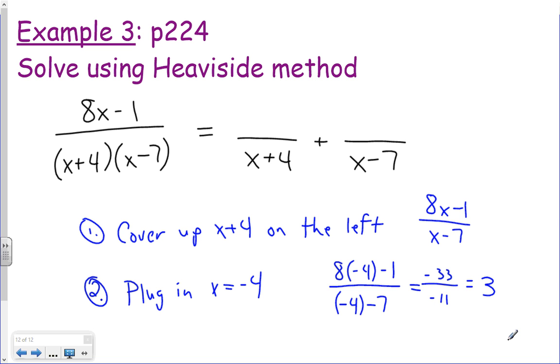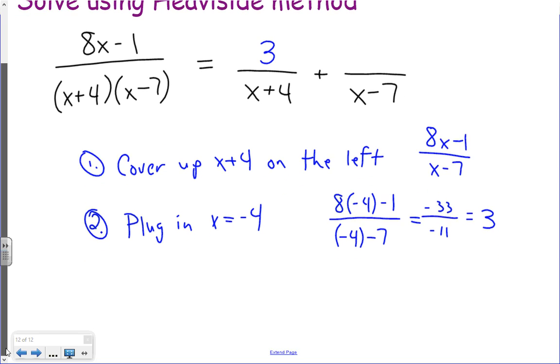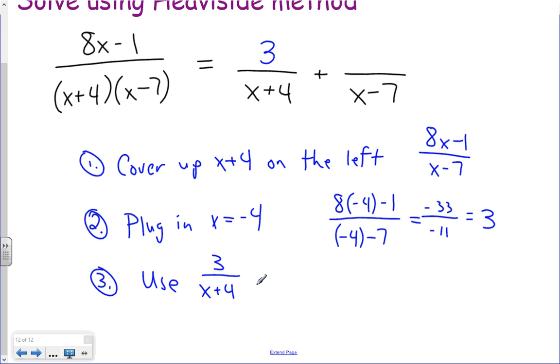That right there is the numerator for the factor that I was covering up. That's the third step. So we use 3 over x plus 4 on the right.